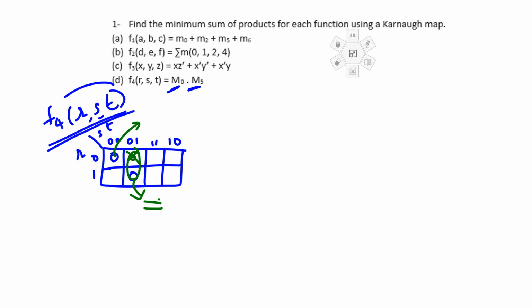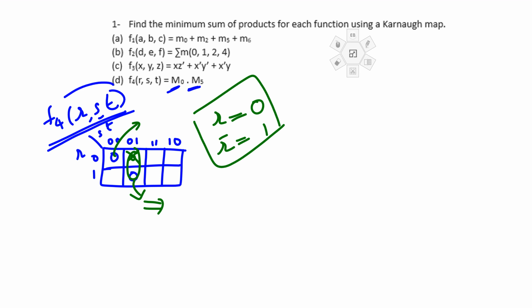So for these zeros, the max terms. When we are talking about max terms, if the variable name is R, then it is 0, and if it is R bar then it is 1. R means 0 and R bar is equal to 1. Also, we are not combining; we are just writing plus in between those literals, between those variables.